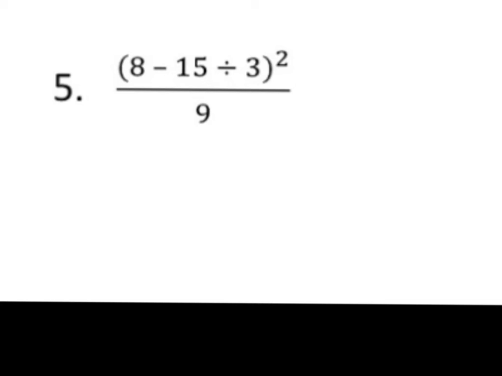Okay, question number 5. Again, we're following what's in the parentheses first. So we're either going to do subtraction first or division first. What comes first? Division. 15 divided by 3, 5. Bring down the rest of the expression.